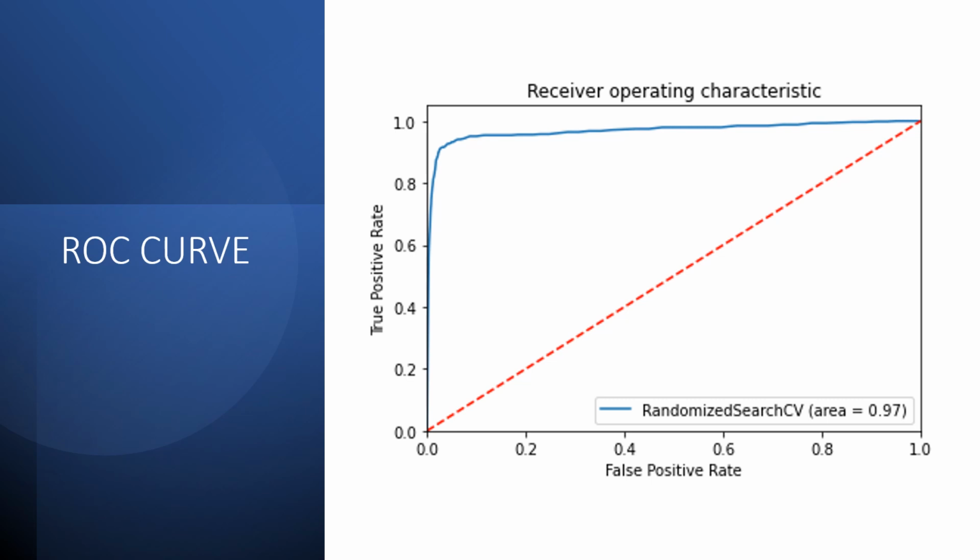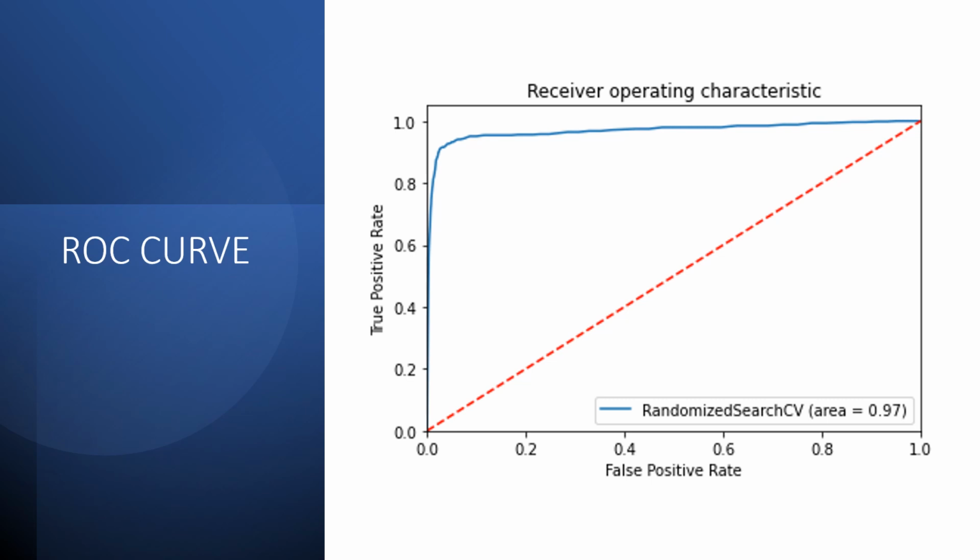For the random forest, I used grid search CV and also looked at the best estimator. After that I tried the ROC curve. With randomized search CV, I got an ROC value of 0.97. Most probably it's a good one.